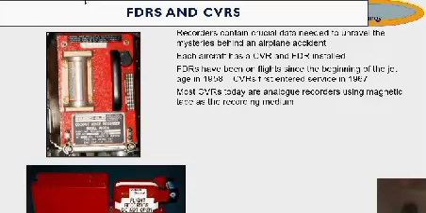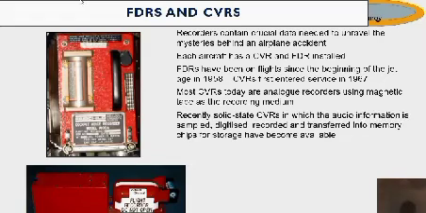Most CVRs today are analog recorders using magnetic tape as the recording medium. Recently, solid-state CVRs, in which the audio information is sampled, digitized, recorded, and transferred into memory chips for storage, have become available. Solid-state, very efficient.